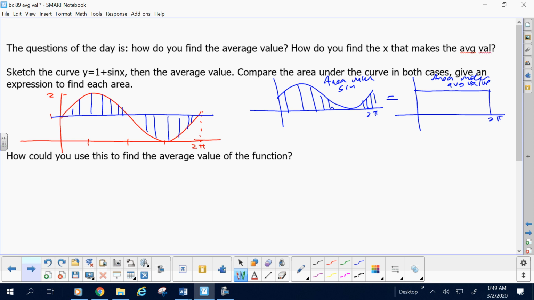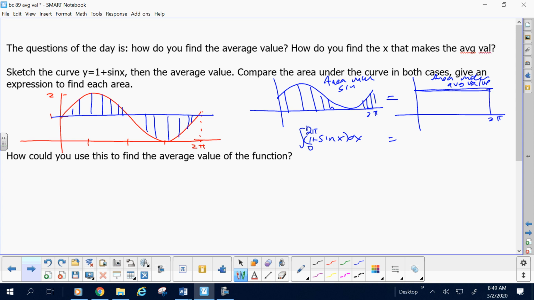How would I find the area in the first one? Integrate from 0 to 2 pi of 1 plus sine of x. Yes, yeah? What about the other one? So let's start here.